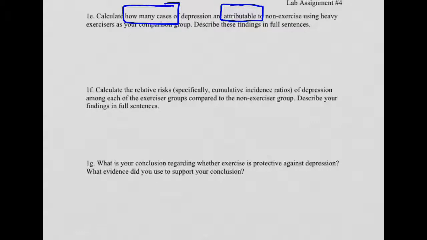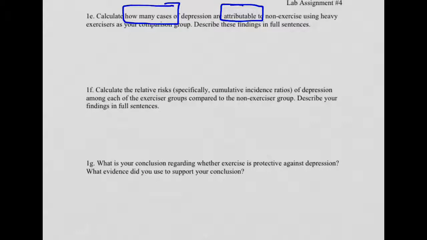This is different than a relative risk, where we're calculating essentially the ratio, dividing the increase in risk instead of the number of cases that are at risk. I'll show you guys. So basically, how many cases is asking for a number of cases, not a proportion.